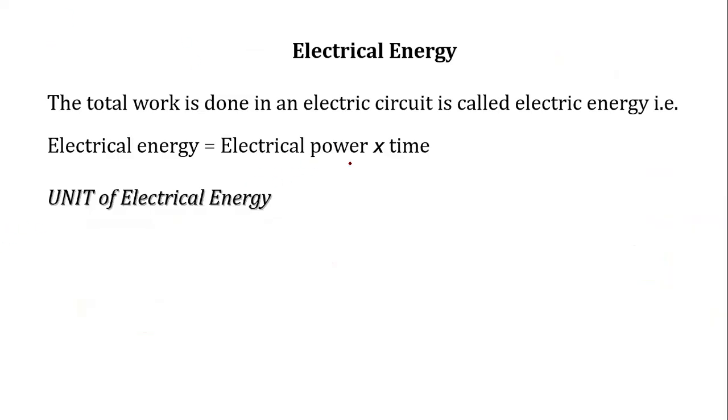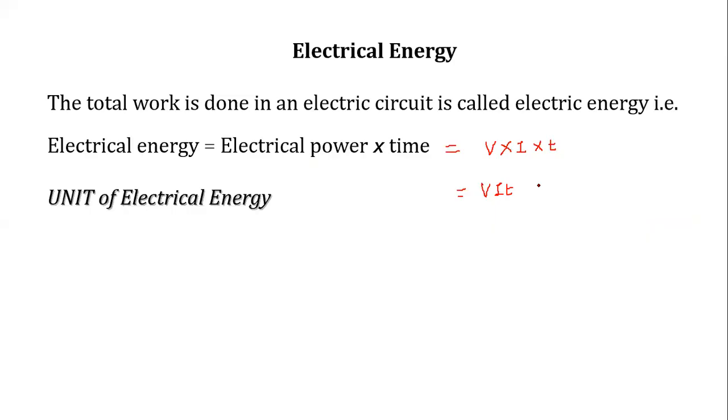So electrical power, we have discussed in the last lecture that it is given by V into I, right? And multiplied by T will be VIT, right? And after all, it is joules of energy being transferred, right?